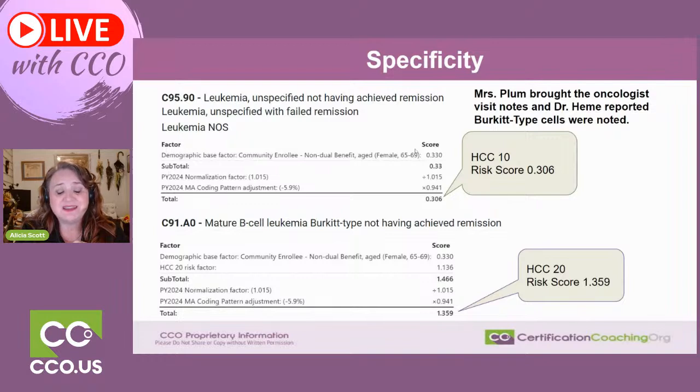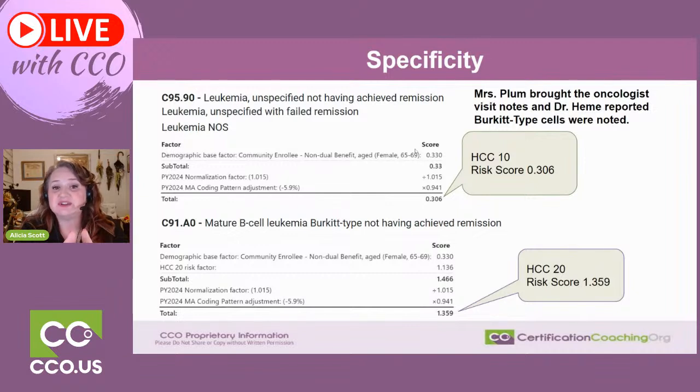But if you have any type of specificity for that leukemia, it more than doubles it. So, C91.A0, mature B-cell leukemia, Burkitt type, not having achieved remission, goes from a 0.306 HCC of 10 to an HCC of 20 that has a risk score of 1.359. The average risk score for a patient alone is a 1, and a lot of times it's under a 1. That again tells you the importance.